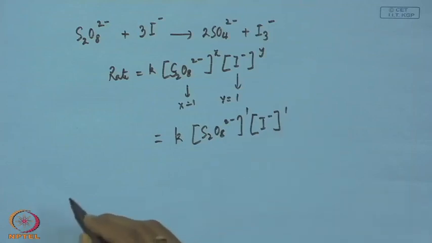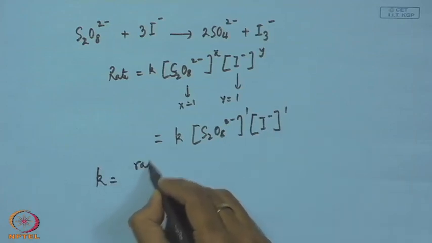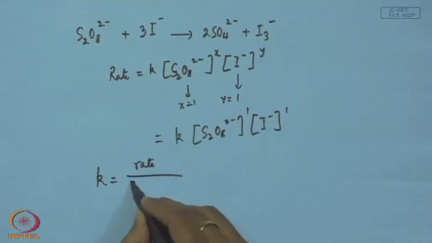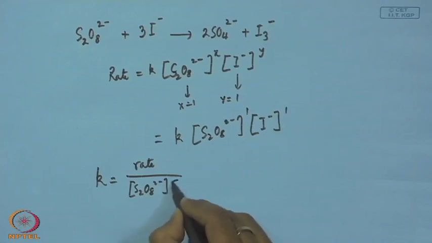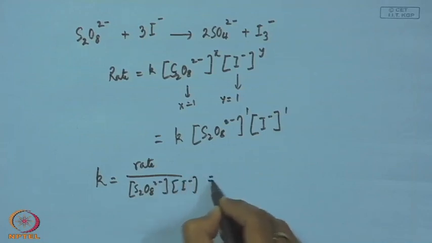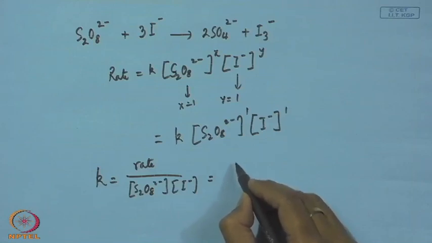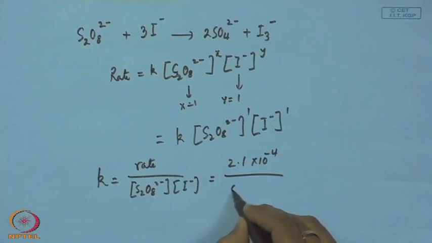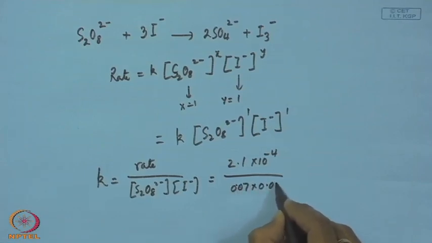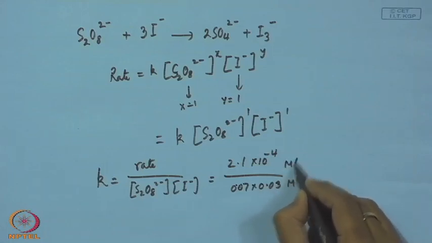Also, k will be equal to the rate divided by S2O8 2 minus times I minus. It is basically 2.1 into 10 to the power minus 4 divided by 0.07 times 0.03, in mole square per liter square, and the rate is in mole per liter per second.